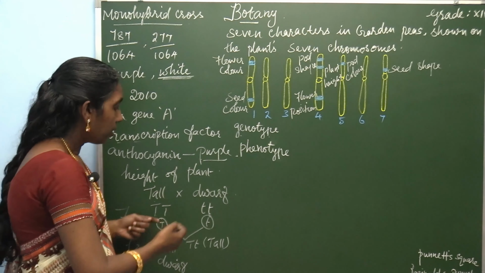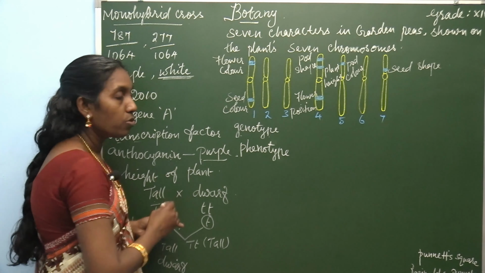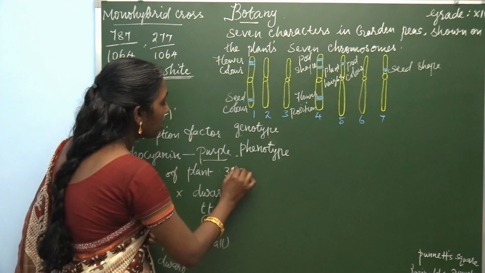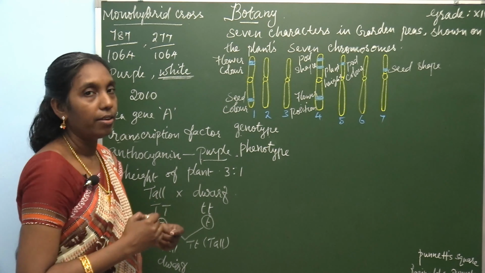When the probability is calculated, it gives the ratio 3:1 phenotypically. Let us see how it is identified.